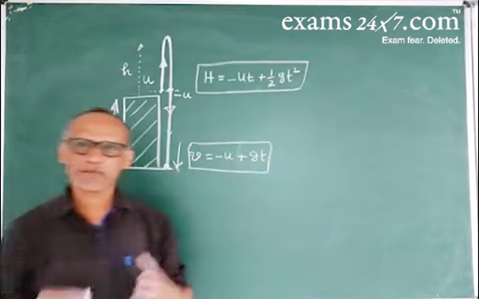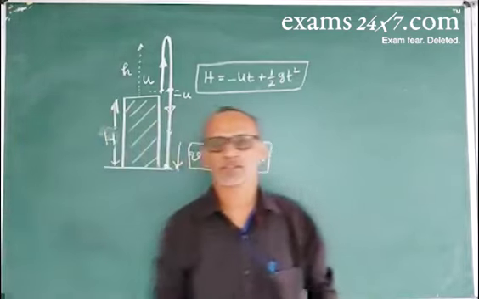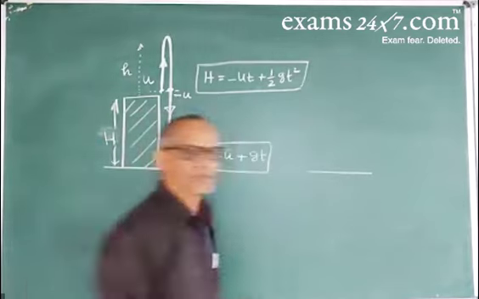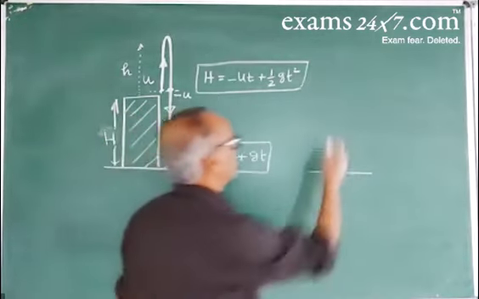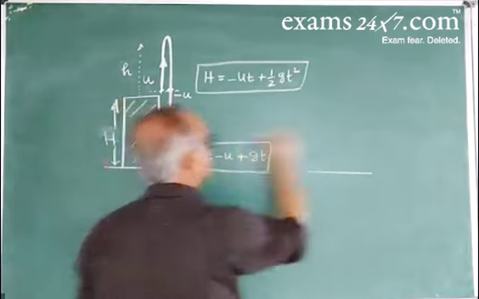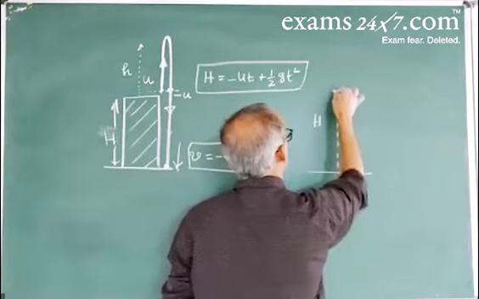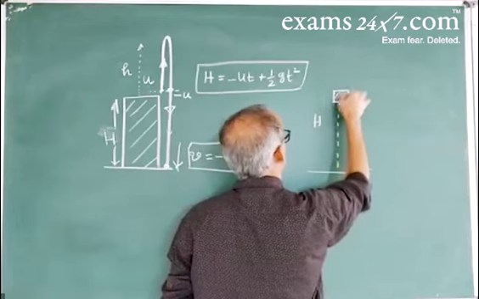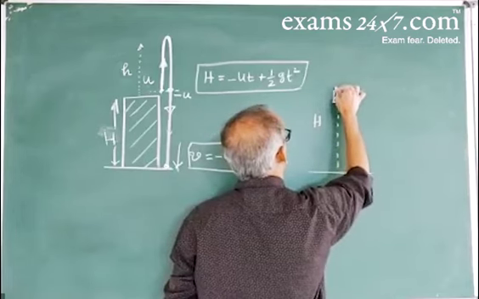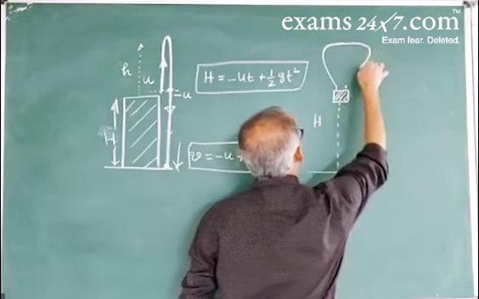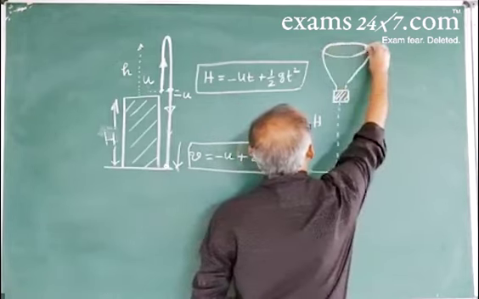Now, the same equations are applicable for another situation where we have a ground, and at a certain height, which I'm going to consider as h, there is a hot air balloon.